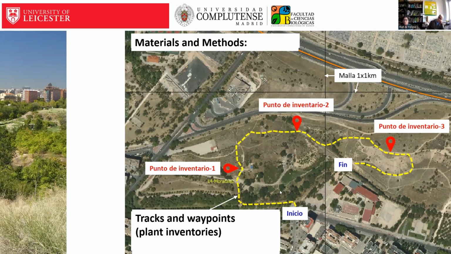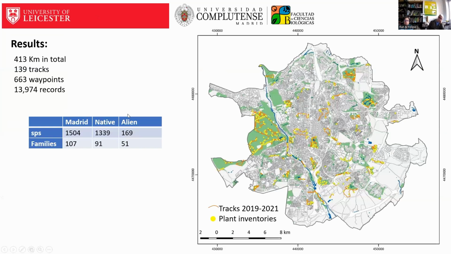This is our methodology. We made tracks, and at some points we stopped and made plant inventories. In the end, we collected information about 1,500 species in 100 families. Most of them were native, and 100 were alien.